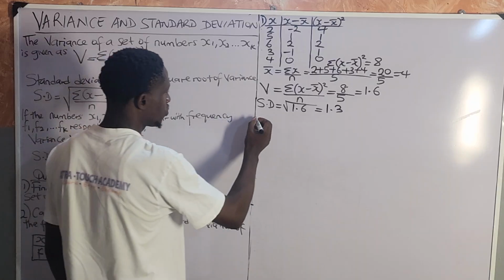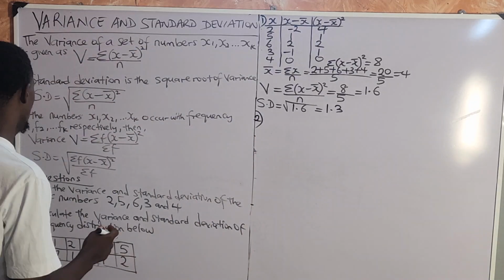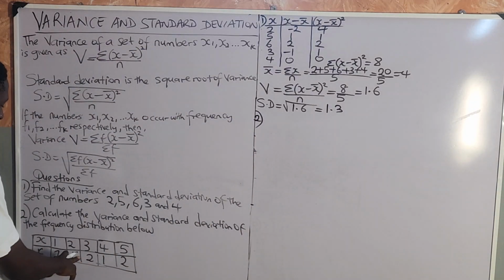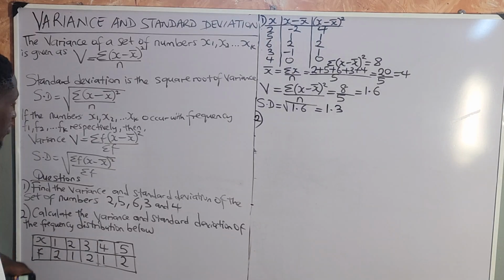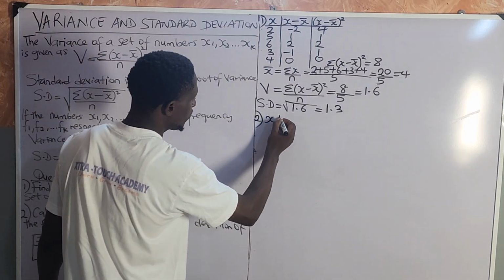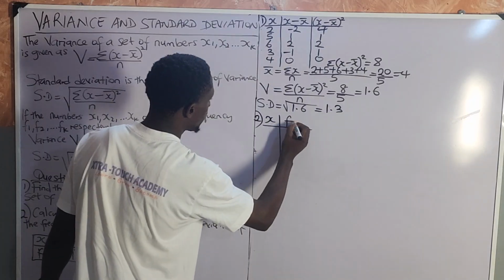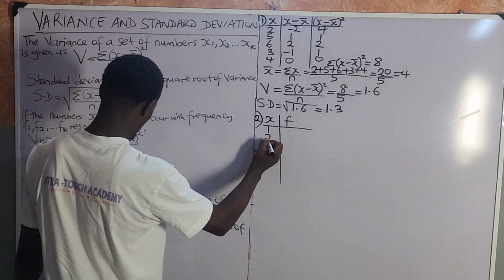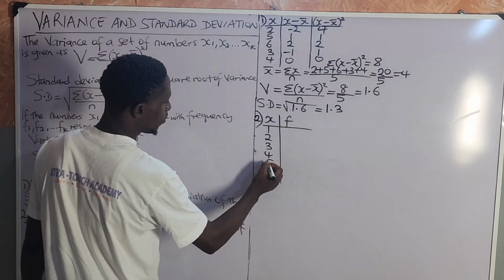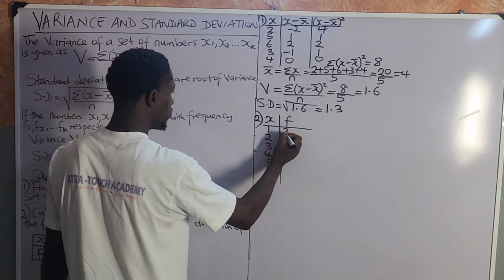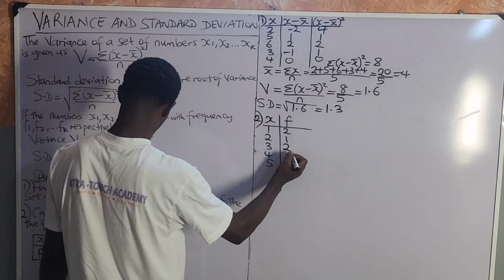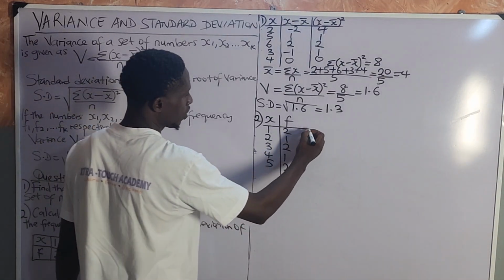So let's go to number 2. In this number 2, we have a frequency distribution. So let's start with our x, and we have the frequency. I have 1, 2, 3, 4, 5, and the frequencies are 2, 1, 2, 1, 2.